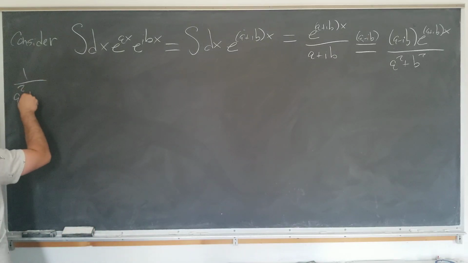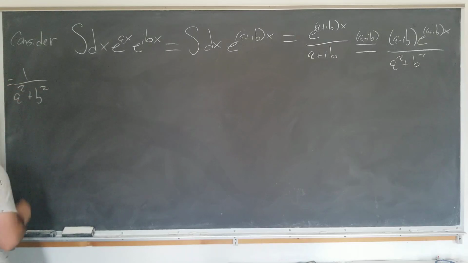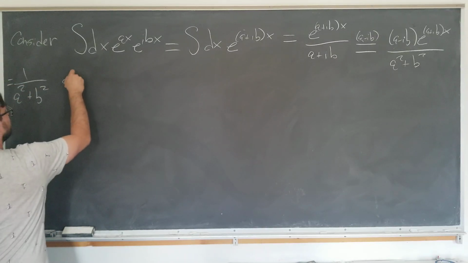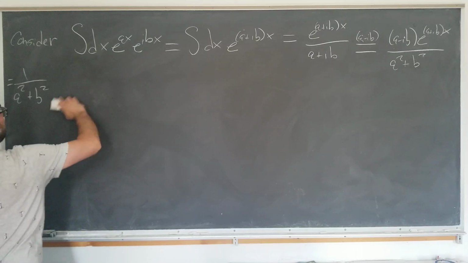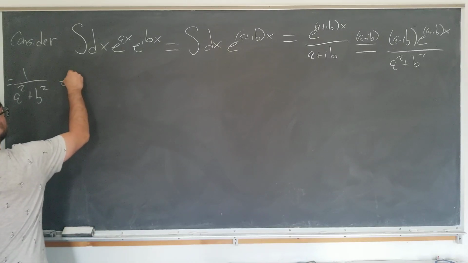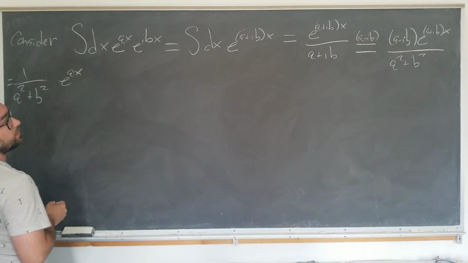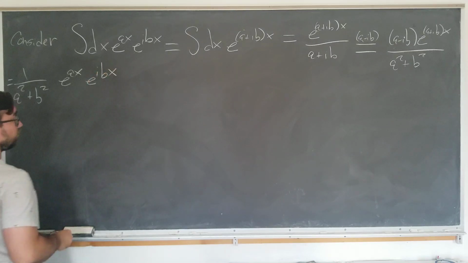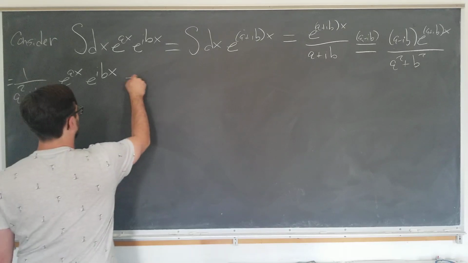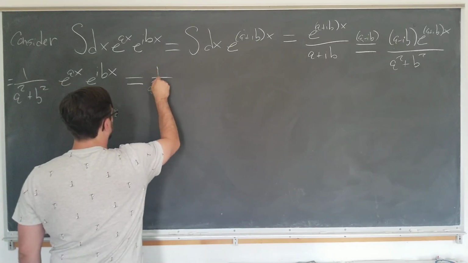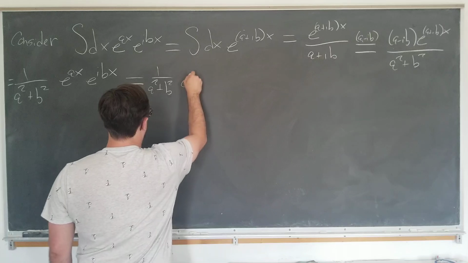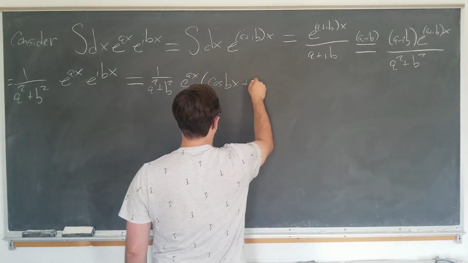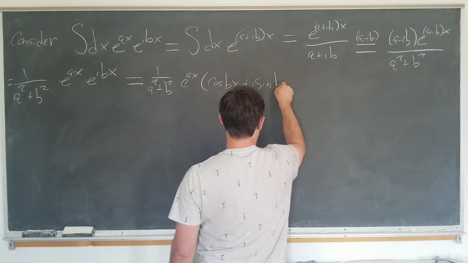We have 1 over a squared plus b squared now, and we're going to have e to the ax just along for the ride. And we're going to have an e to the ibx, which of course we can reuse Euler's formula to simplify into cosine of bx plus i sine of bx.